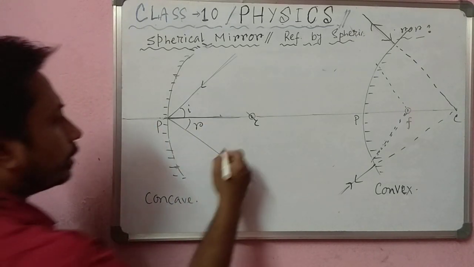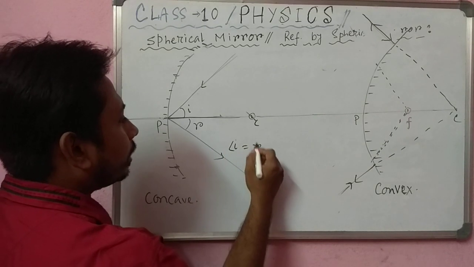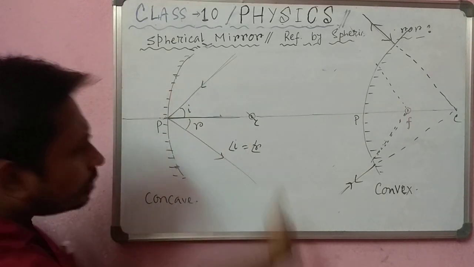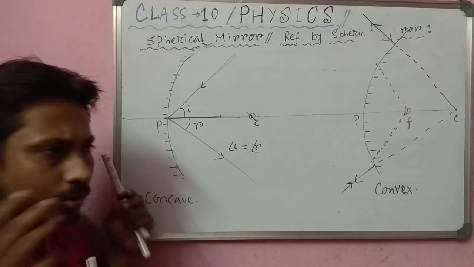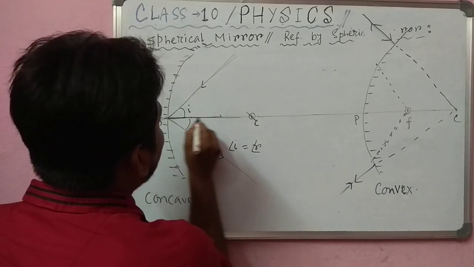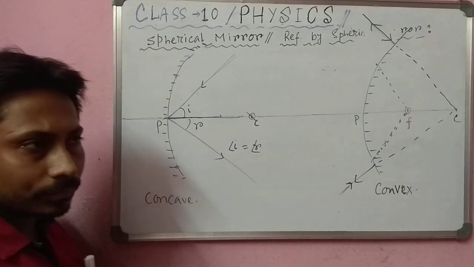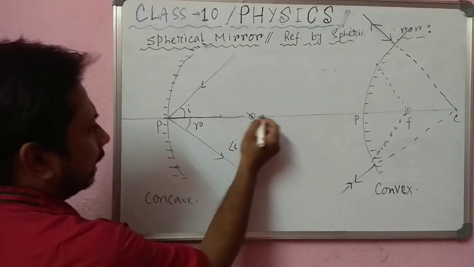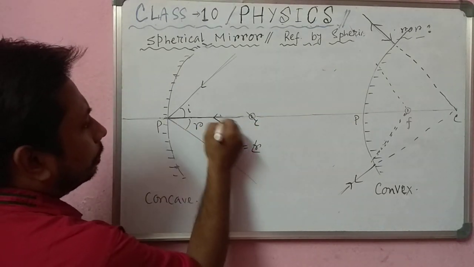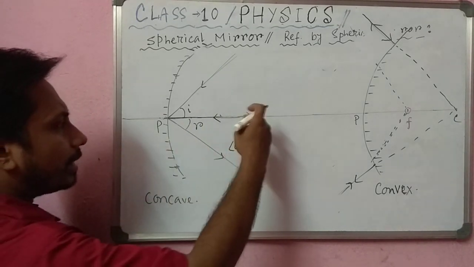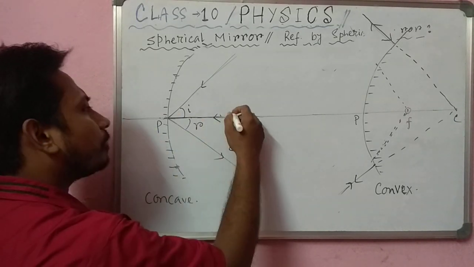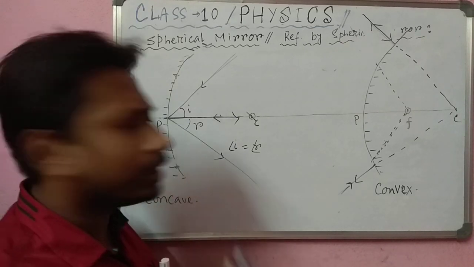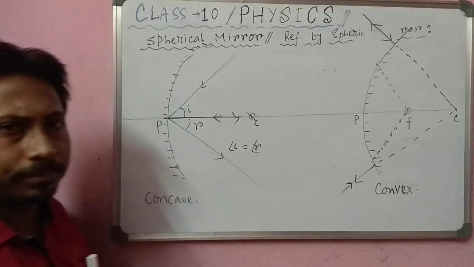You know students, for normal reflection, i equals r. This is for common reflection, and you can see this line is called the normal. Any ray of light that passes along the normal always reflects back along the same line, whatsoever the shape of the mirror.